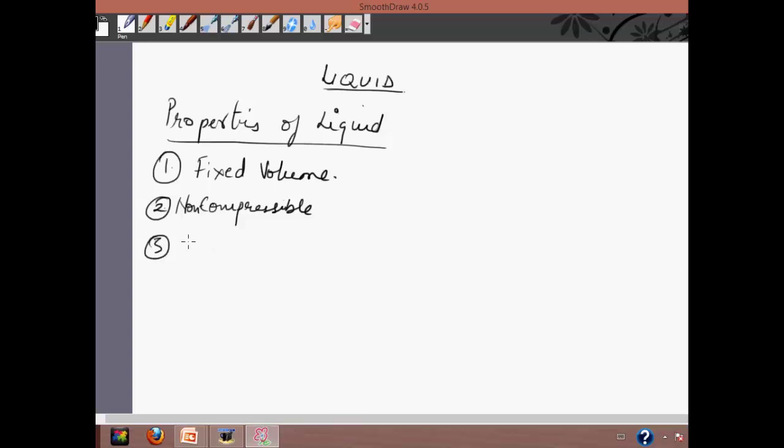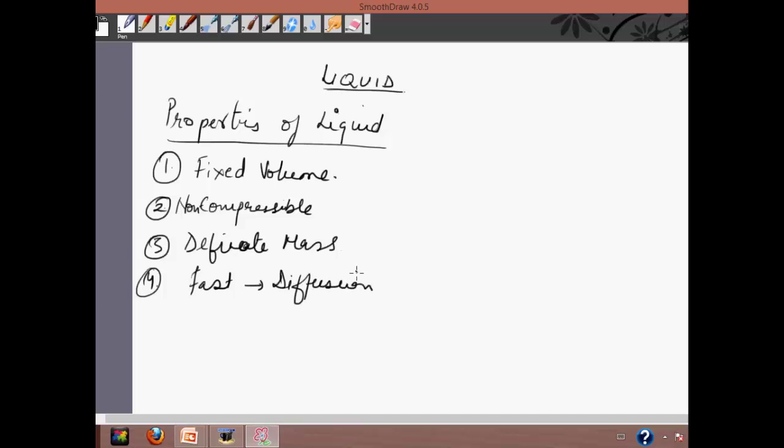Third, it has definite mass. Fourth, they diffuse fast, that is fast diffusion.